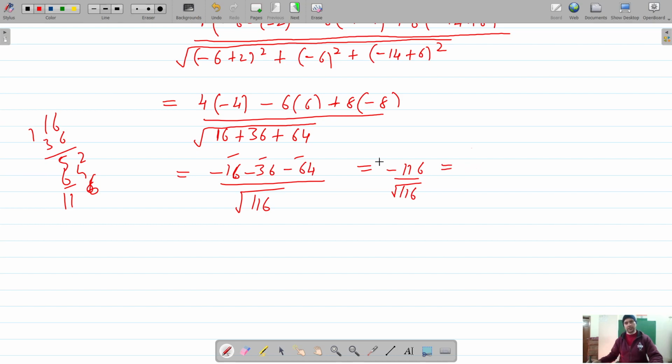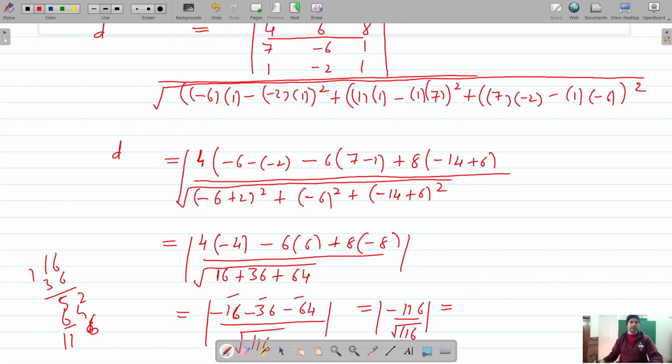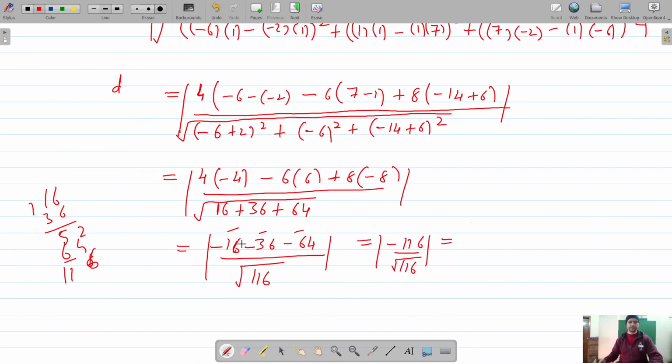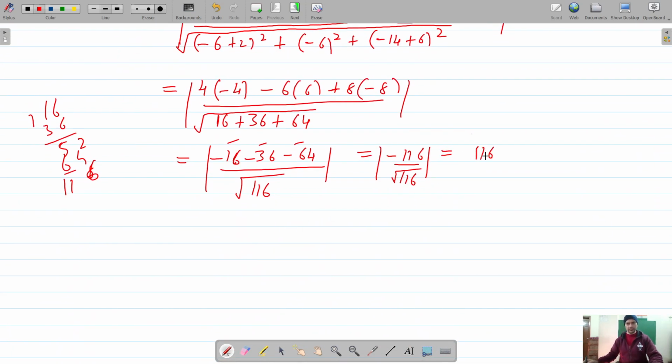The distance is positive, so it has to be the positive value. So this is 116 over root 116.